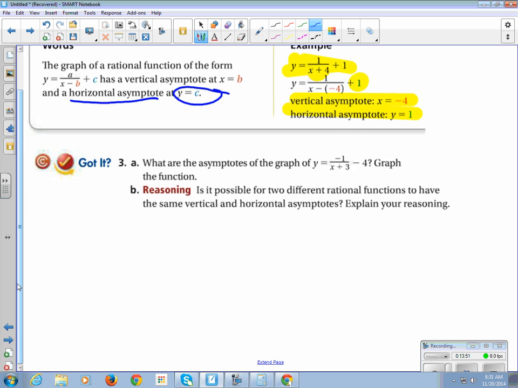Alright, so we want to identify what our vertical asymptote is here. So if I look, I have x plus 3. What can my denominator not equal? 0.